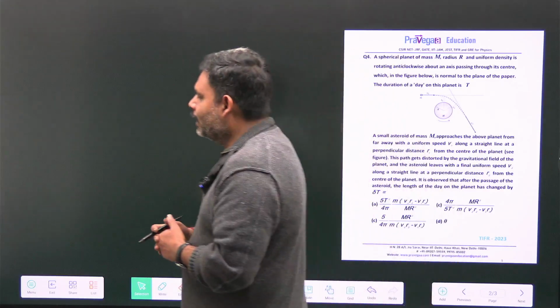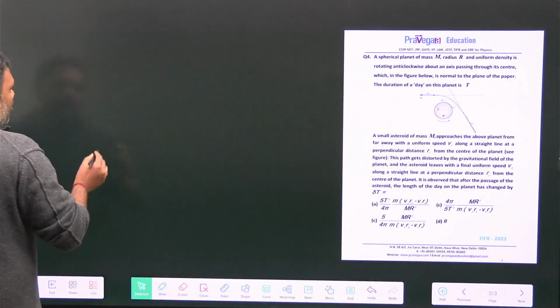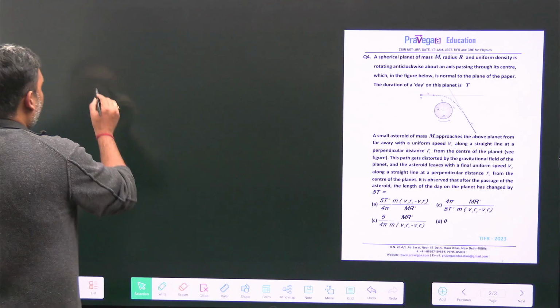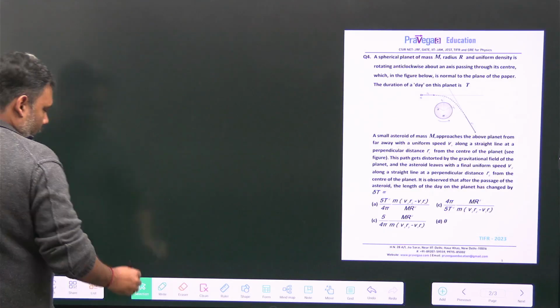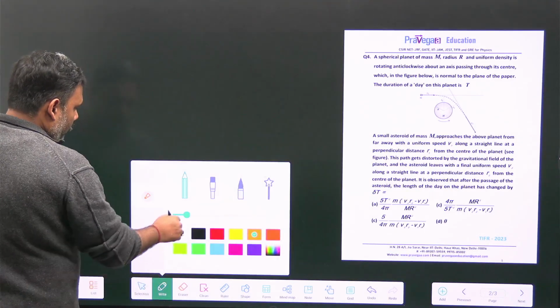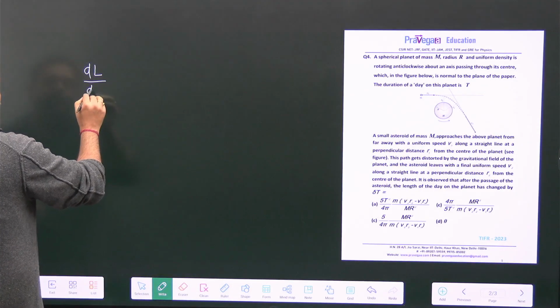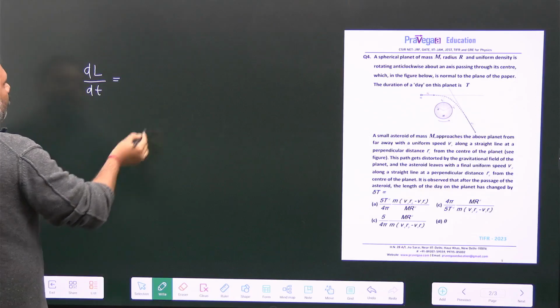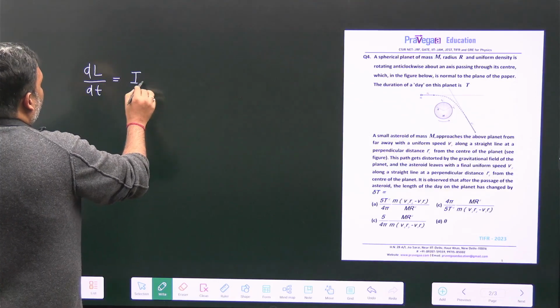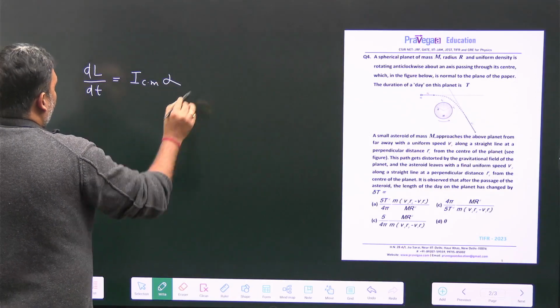So look at what is going to happen. According to Newton's second law, we have dL/dt equal to I of center of mass into alpha.